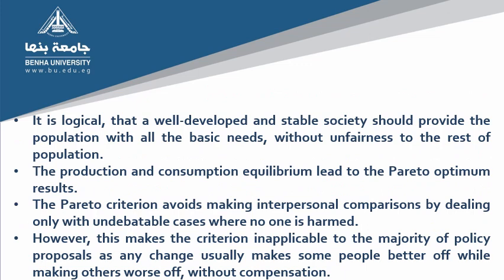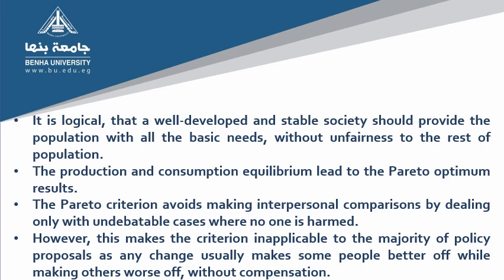It's logical that a well-developed and stable society should provide the population with all the basic needs without unfairness to the rest of the population. The production and consumption equilibrium led to the Pareto optimum results.